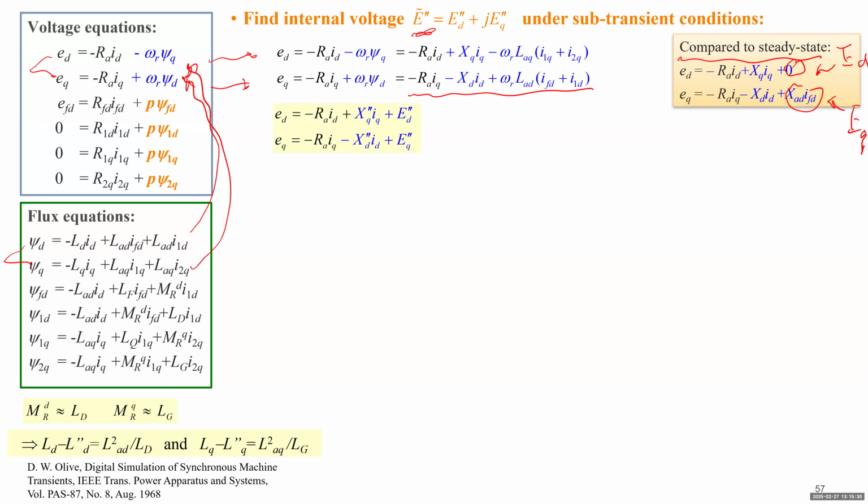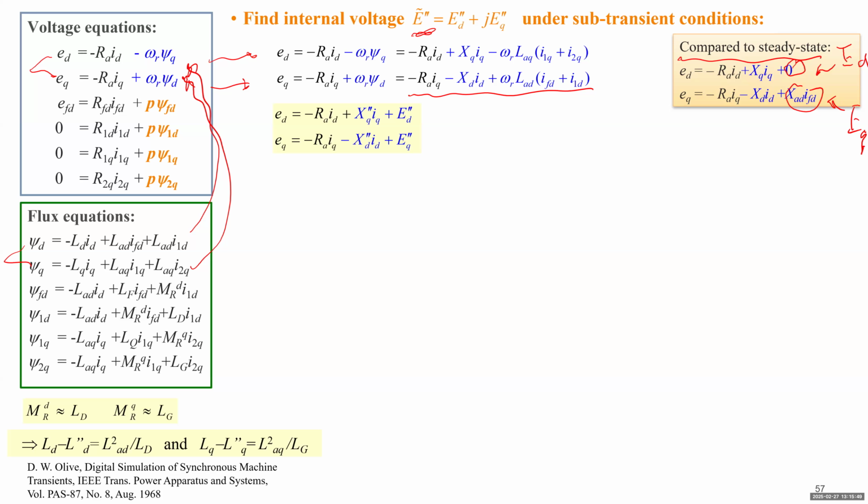What we can do is remove all the black part. The black part is something we're already clear about. So we'll keep those R anyway. Those resistances are pretty clear, being the loss inside the generator. So we keep that one.